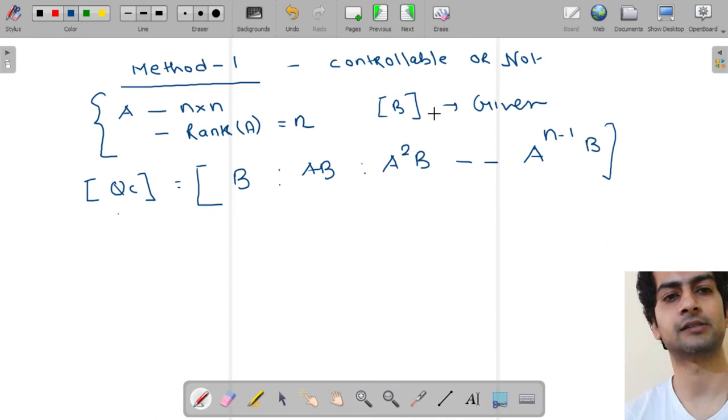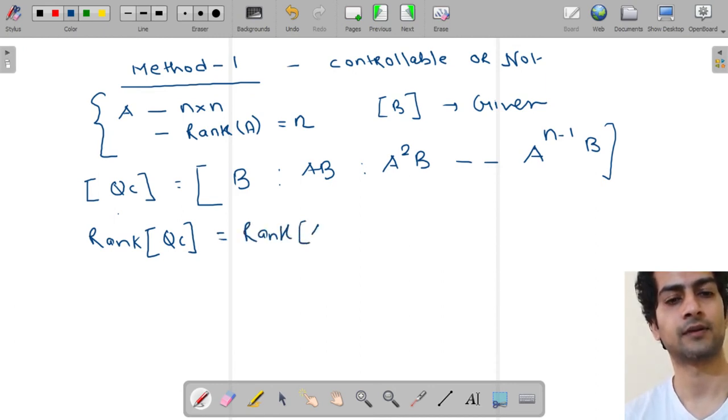Here n is the order of A. Now see, if the rank of QC is equal to the rank of A, and the rank of A is equal to n, then it is said to be controllable.